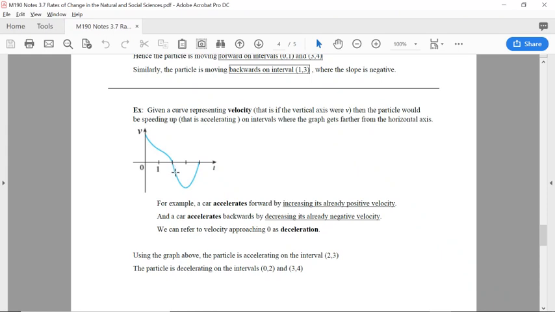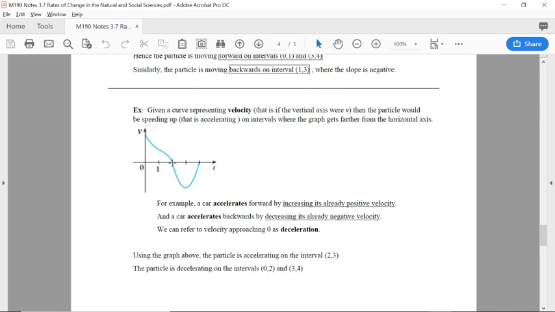But then they are going to be traveling at a more and more negative velocity, up until t is equal to 3. That is, their velocity is becoming more and more negative. Imagine the vehicle is now traveling backwards at a faster and faster rate along this interval.